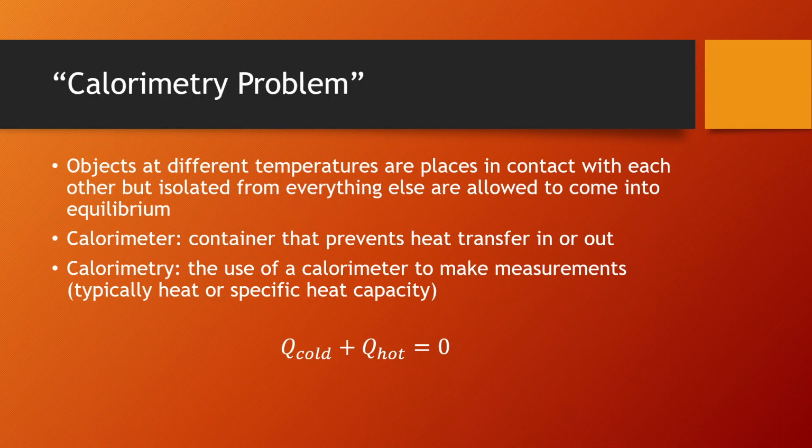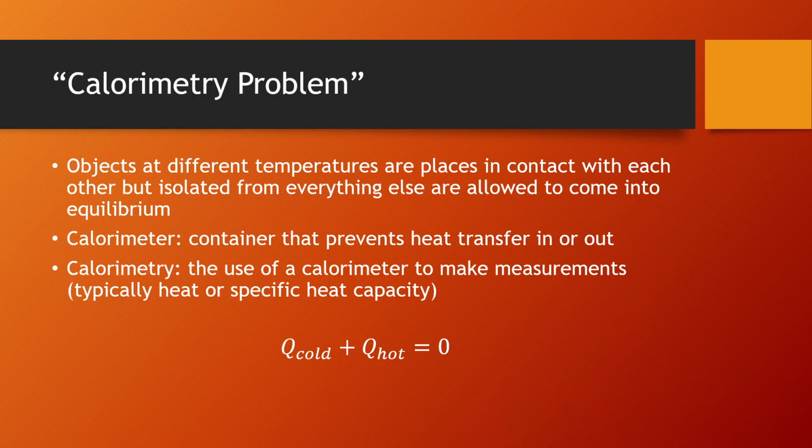Now, I need to tell you about the calorimetry problem. Objects at different temperatures are placed in contact with each other, but are isolated from everything else. These things are allowed to come into equilibrium.